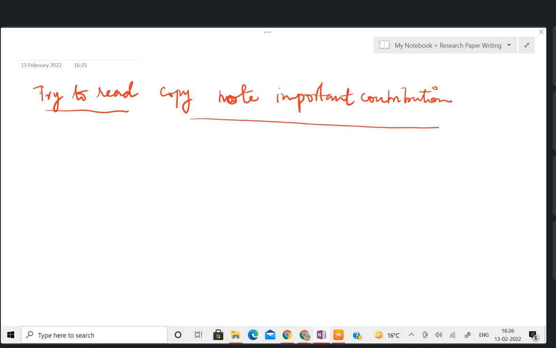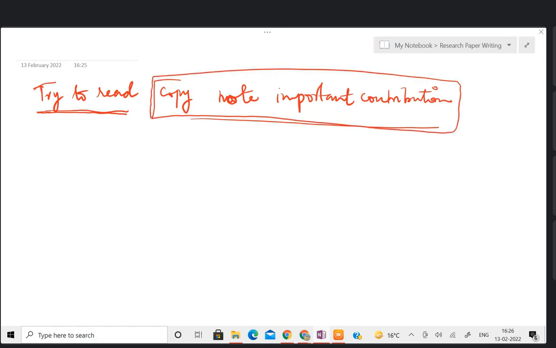And then when we try to formulate the problem, at that time you will require my help and I will be helping you. But the important thing is that you have to write the introduction with the help of already existing literature, and you have to write it in your own words. And avoid plagiarism.